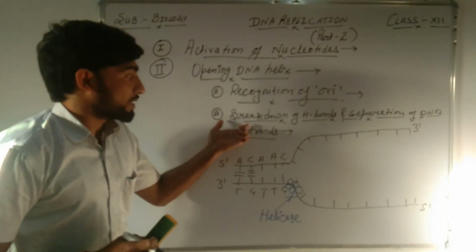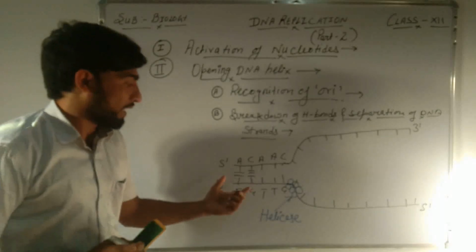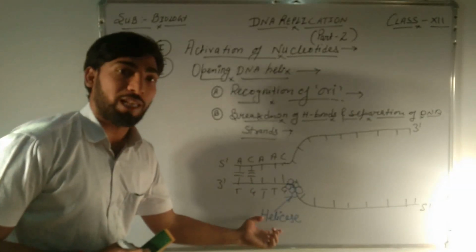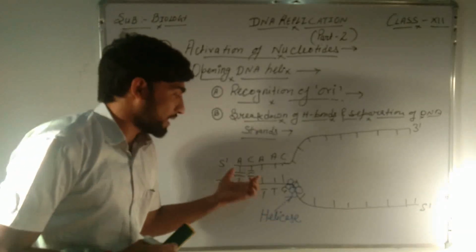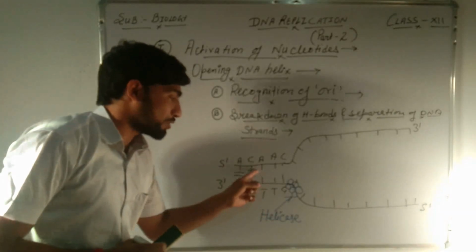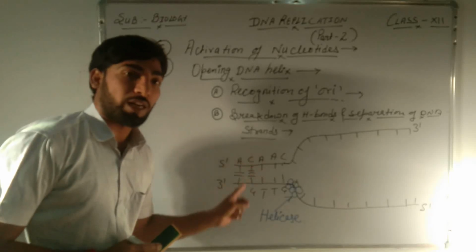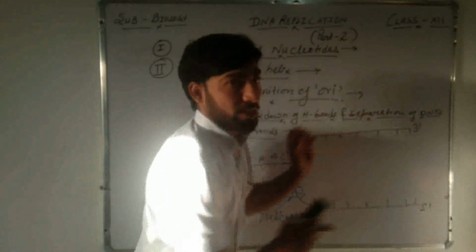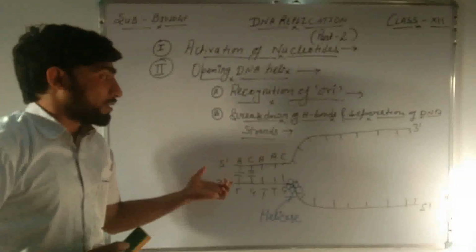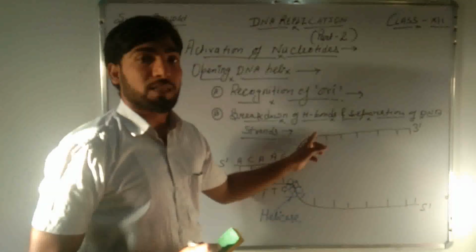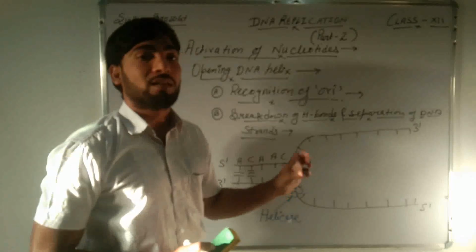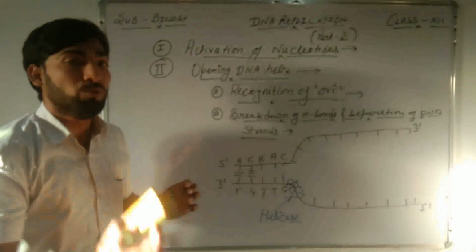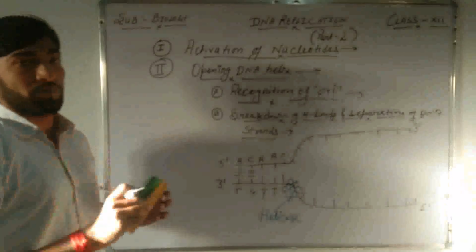These hydrogen bonds are broken with the help of the helicase enzyme, resulting in the separation of 2 DNA strands. Each of these 2 strands now acts as a template or parental strand for the synthesis of a new and complementary strand.